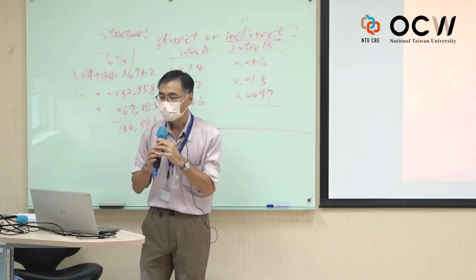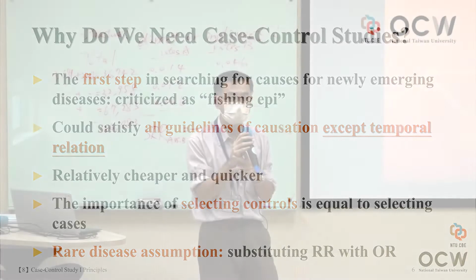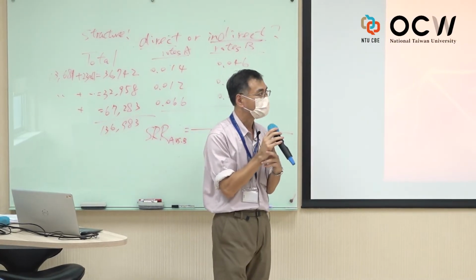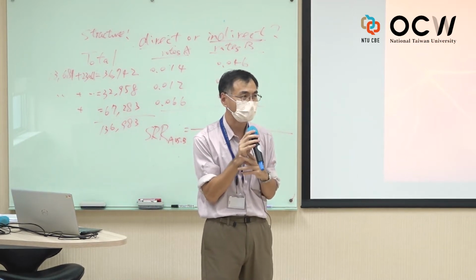Okay, what about the rationale? Why do we need case control studies? Because this is generally the first step in searching for causes of newly emerging diseases, like what we did before for AIDS, acquired immunodeficiency syndrome. Back in the 1980s, we had no idea about the cause of the disease at all.